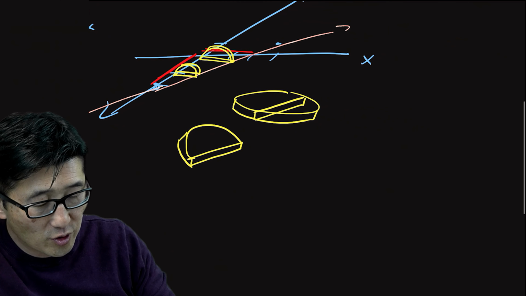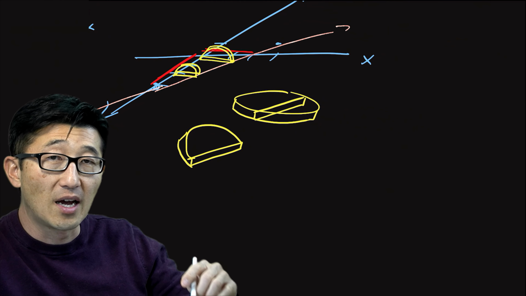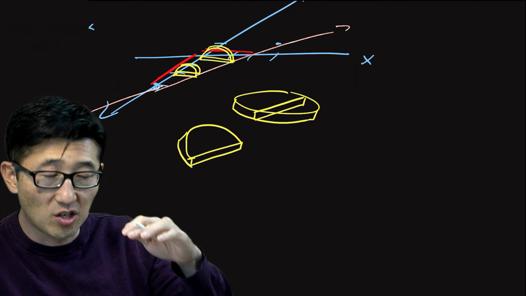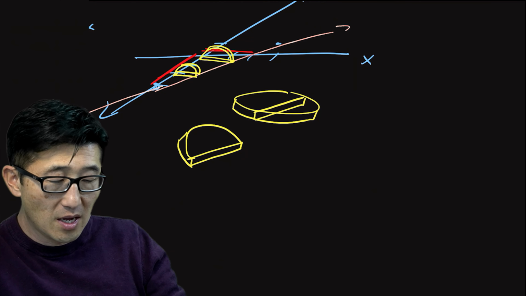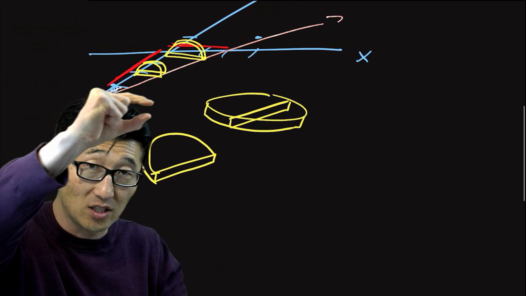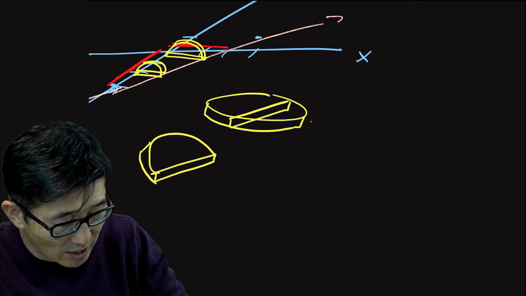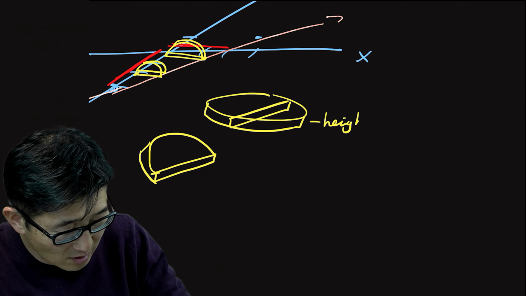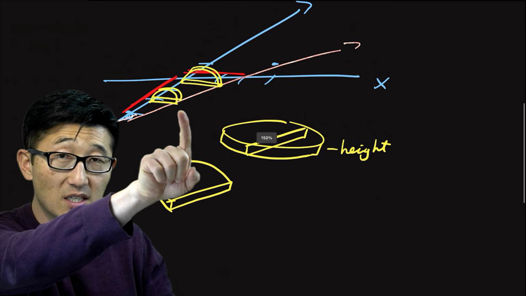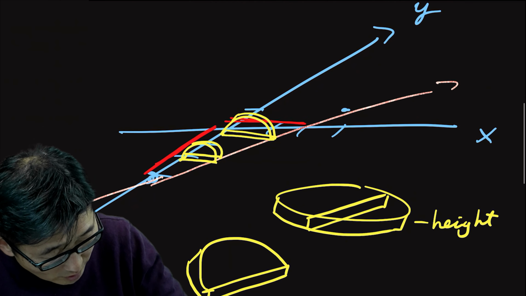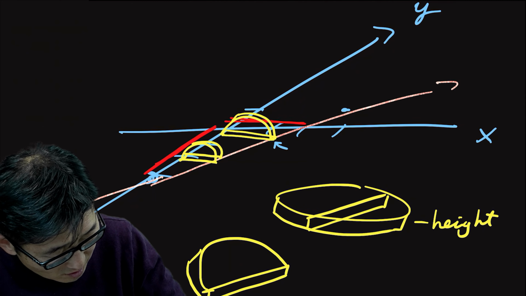Now, as I told you, a prism is any three-dimensional figure that has two bases that are congruent and parallel, and they're separated by a height. So this right here technically is your height, but if you stand it up like this, the height will be right over here.